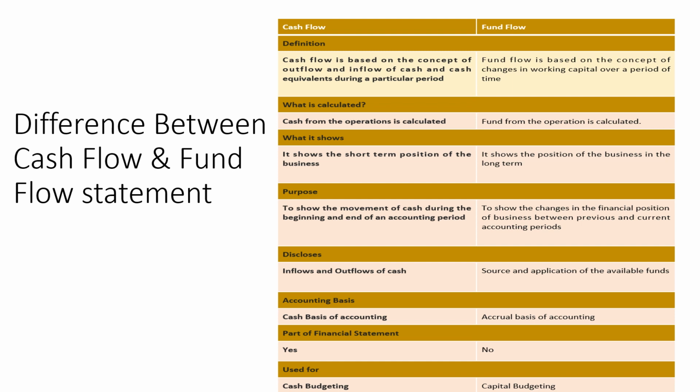And what this discloses: cash flow discloses inflow and outflow, whereas fund flow discloses the source and application of the available funds in the organization. And the accounting basis is cash basis in cash flow, whereas in fund flow it is accrual basis. So what is accrual basis?